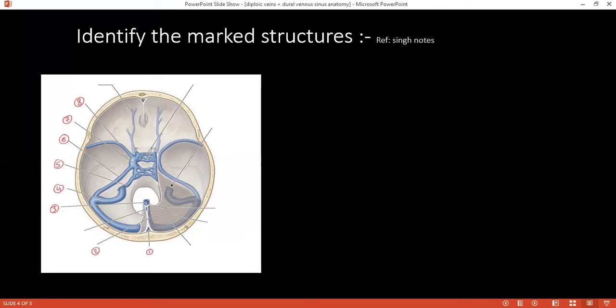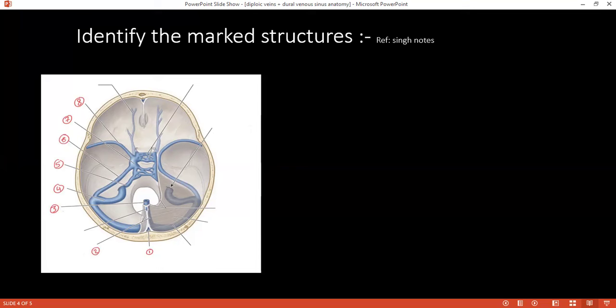From the third ventricle, we have the aqueduct of Sylvius, and then to the fourth ventricle, and then it goes through three places: the middle foramen of Magendie, and on the two sides, the two lateral foramina of Luschka. And then to the subarachnoid space or arachnoid villi, and then the superior sagittal sinus.